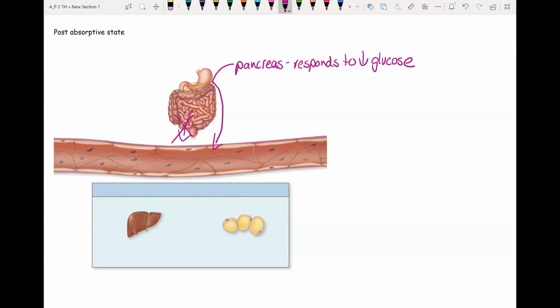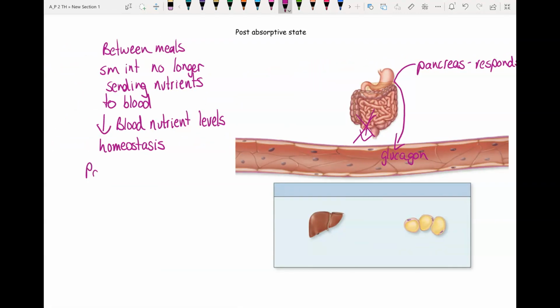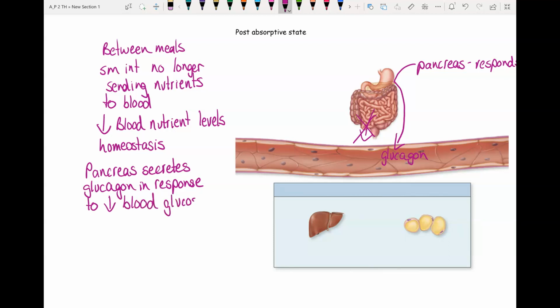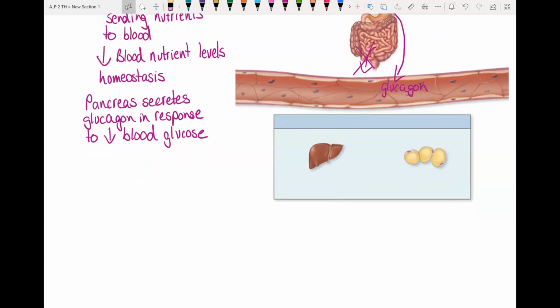So now you're going to put glucagon in your blood. And the job of glucagon is to raise blood nutrients by moving the nutrients out of tissues and into the blood.